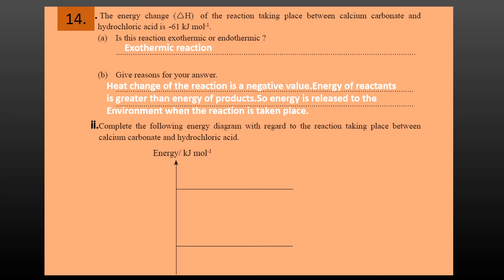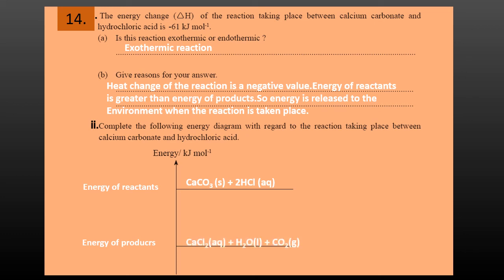Part 2. Complete the following energy diagram with regard to the reaction taking place between calcium carbonate and hydrochloric acid. This is an exothermic reaction. So energy of the reactants is greater than energy of products. So calcium carbonate and hydrochloric acid should be at the upper level.